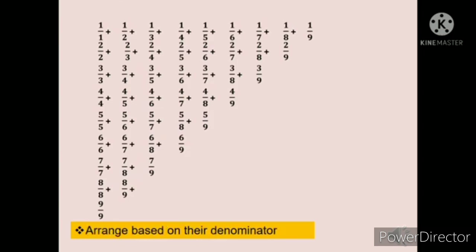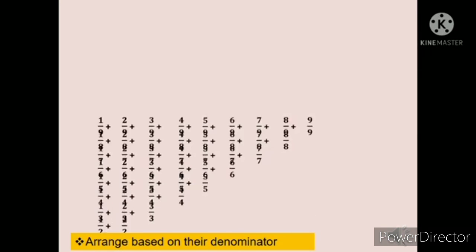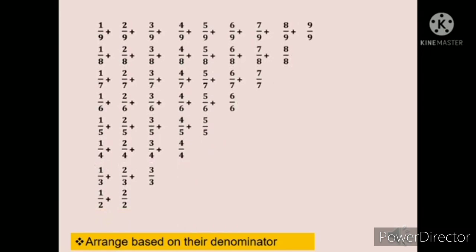So, next, i-arrange po natin itong mga fraction na ito based sa kanilang denominator. So, ito na po siya. So, from 1 to 9, yung kanilang numerator. Then, magkakaparehas ang kanilang denominator.